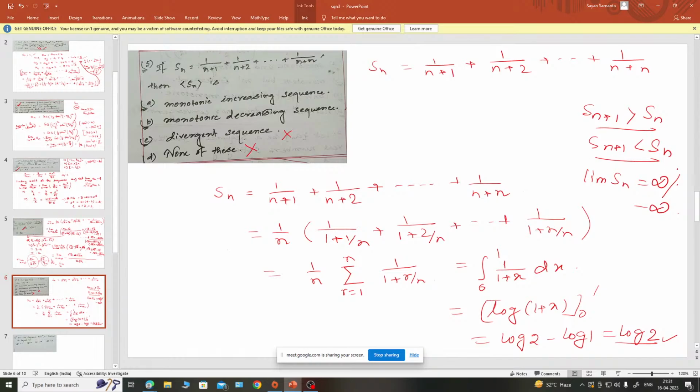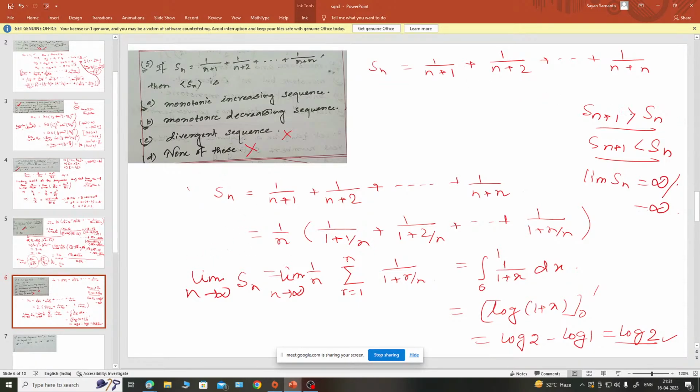If xn plus 1 less than xn, that is monotone decreasing. Or limit of xn is equal to infinity or minus infinity, that is divergent. So here limit n tending to infinity Sn, we can see that this is log 2. So definitely this is not divergent. So now we find monotone increasing or decreasing.